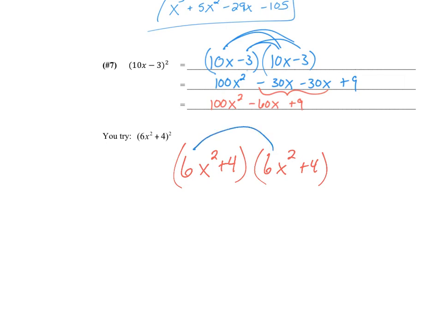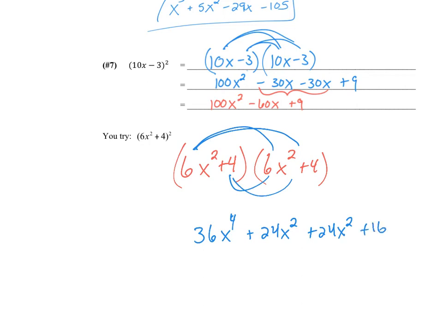And then we distribute. 6x squared times 6x squared is 36x to the fourth. 6x squared times 4 is 24x squared. 4 times 6x squared is 24x squared. And 4 times 4 is 16.